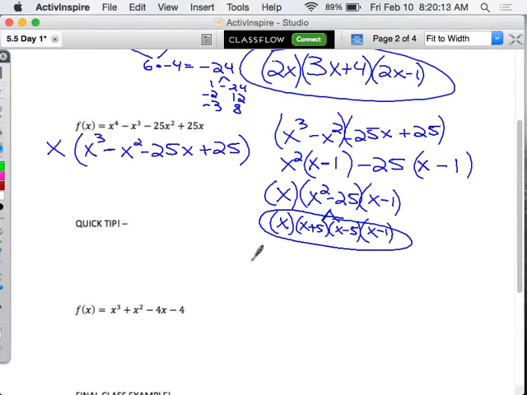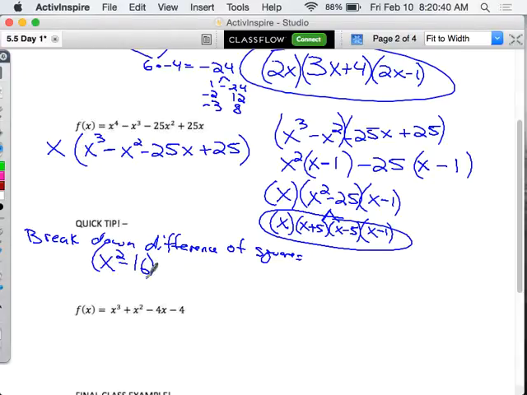All right, a quick tip: if you get a difference of squares, make sure you break it down. For example, if you had something like x squared minus 16, this breaks down.